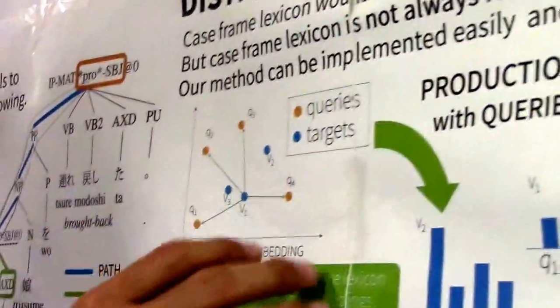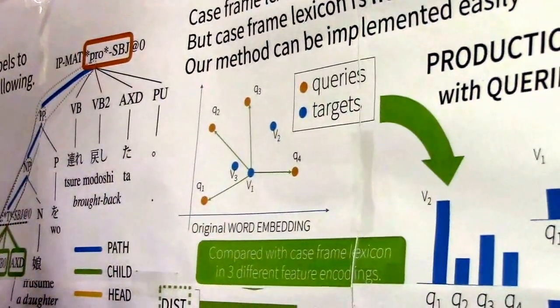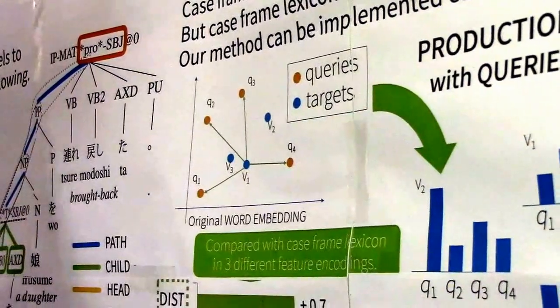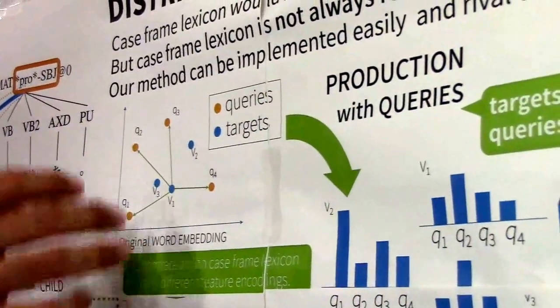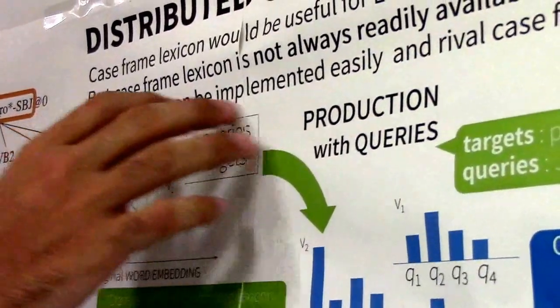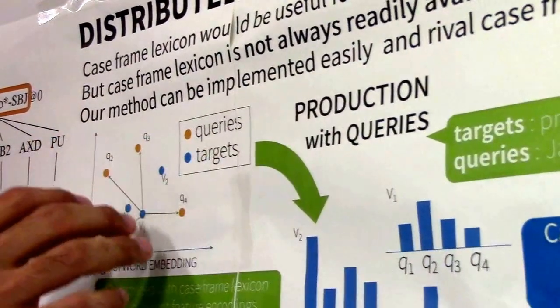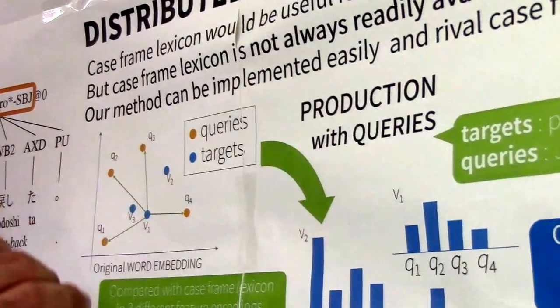At first, we get the original word embeddings from such as a word2vec or GloVe model. Next, we prepare the queries for the targets and words.